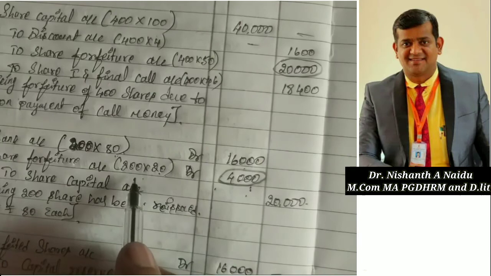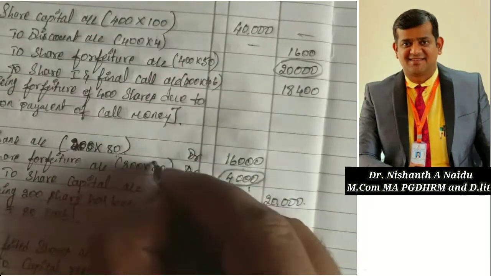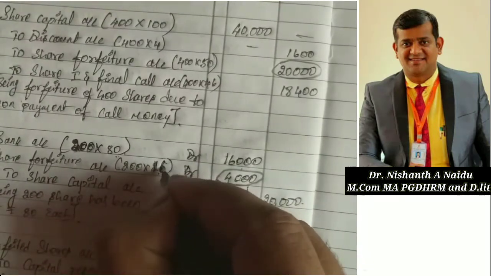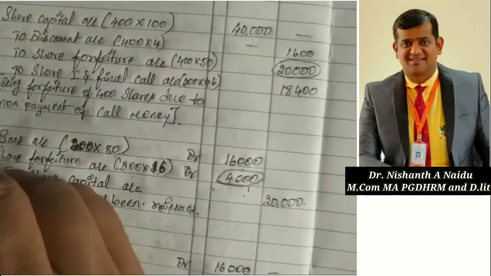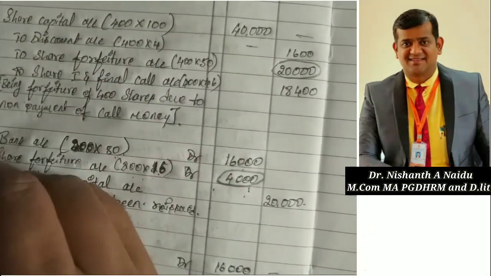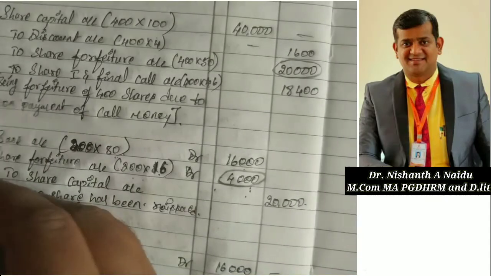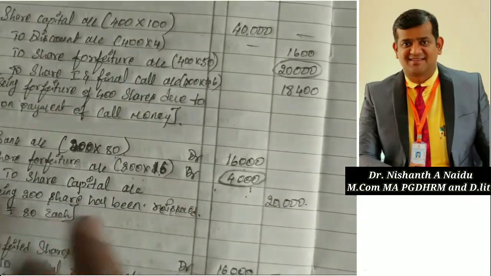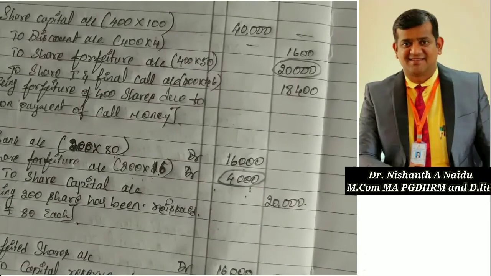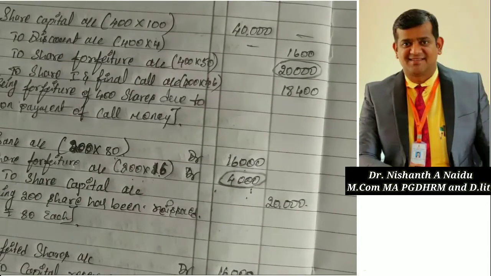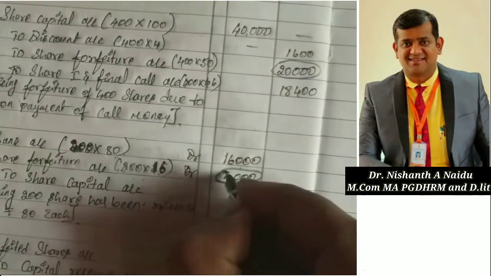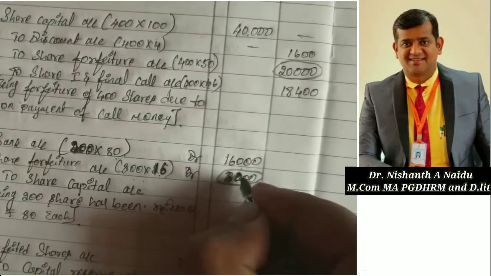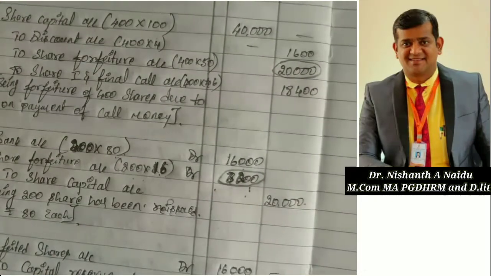So here we have to show 200 into 16 rupees, okay? Because out of 20, 4 rupees is the discount. So deduct that 4 rupees discount. So how much are you going to get? 16 rupees. So if you calculate now 200 into 16, how much are you going to get? 3,200 rupees, okay?